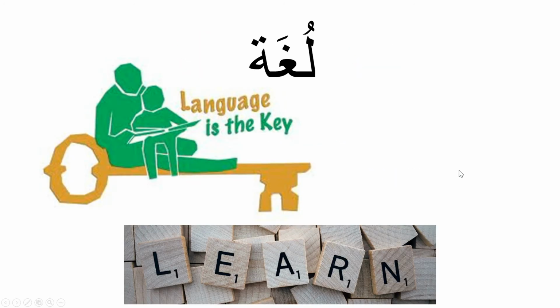Now the next vocabulary word that you have for this lesson two is loga. This has a ghain in the middle of it. This is a language. اللغة العربية is the Arabic language. اللغة الإنجليزية, that's the English language. اللغة الفرنسية, French. اللغة الصينية, that's Chinese. اللغة الروسية, that's Russian.